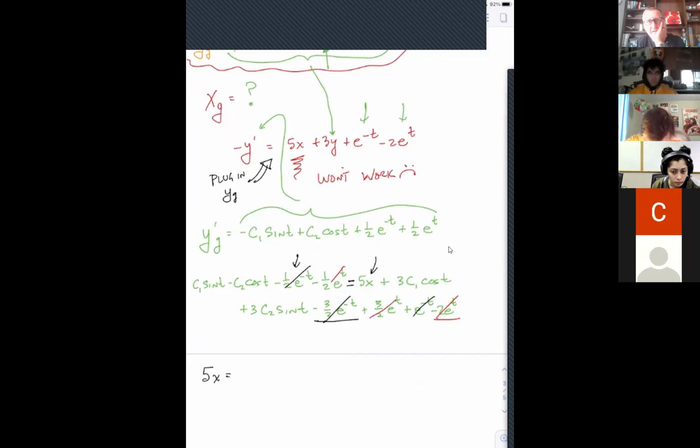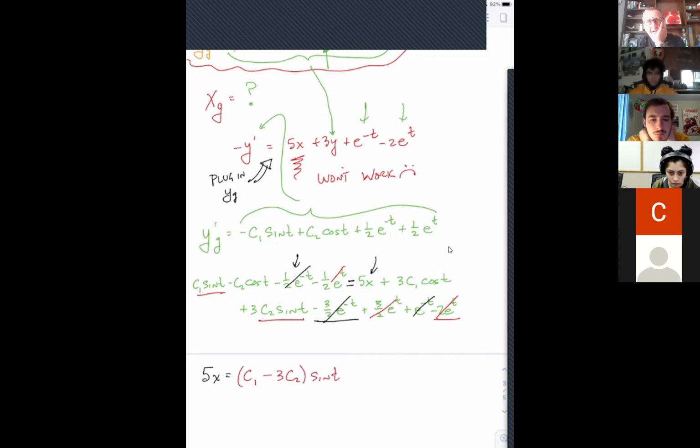So then I've got some sine t's. I've got a 3 sine t on this side, 3c, and then I've got a 1c over here. So if I subtracted it over, I'd have c1 sine minus 3c2 sine.